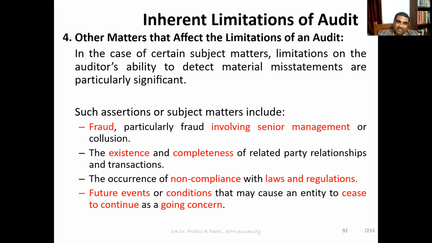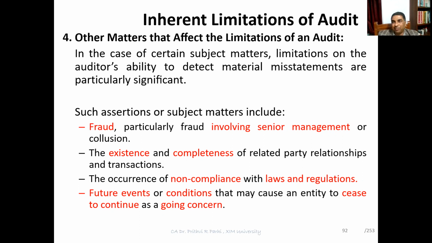And there are other matters also, like existence and completeness of related party relationships and transactions. Whether management has disclosed complete information about related party transactions or not affects the limitations of audit.